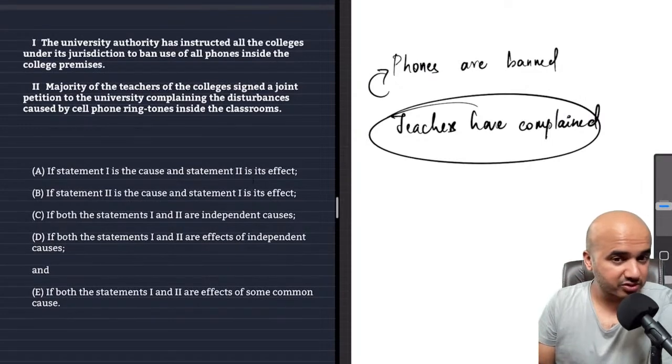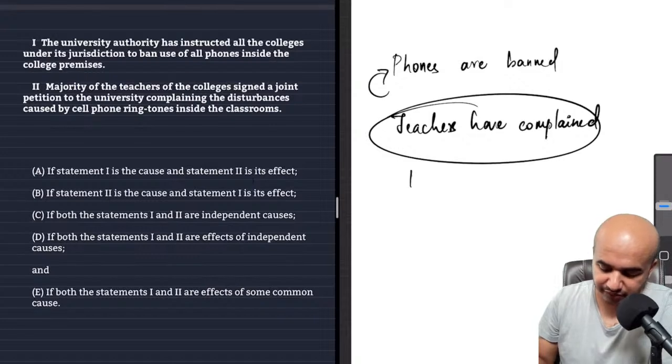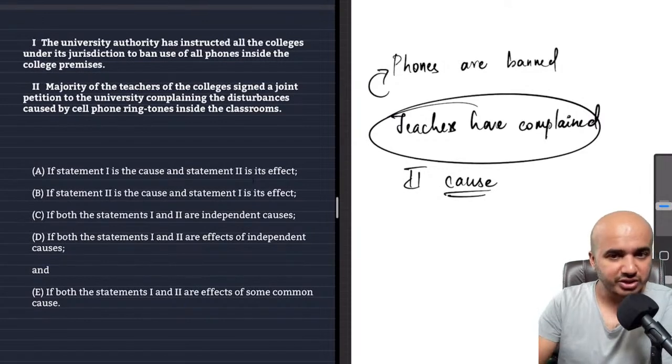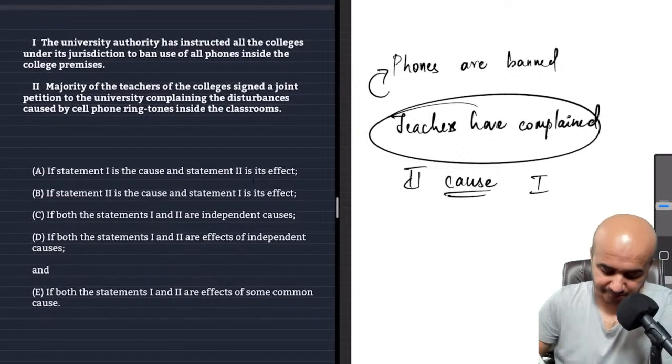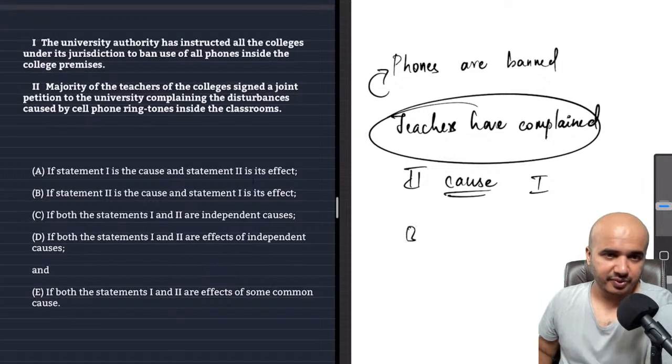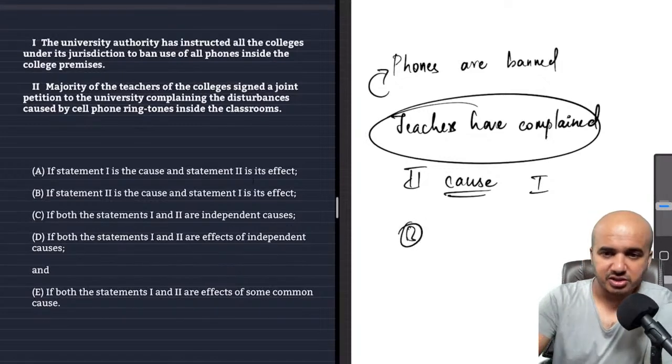Of course, statement 1 is not the cause, but instead statement 2 is the cause. Because of this complaint by the teachers, what did the university authority do? They banned the phones in the college premises. So therefore, option B is the right answer in this case. I hope that makes sense. Let's move on.